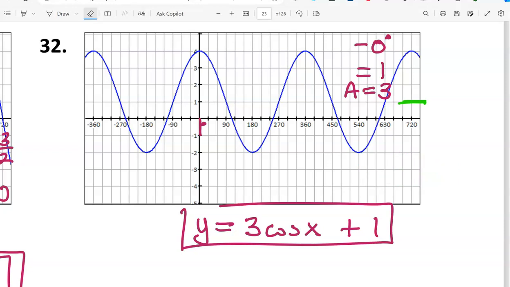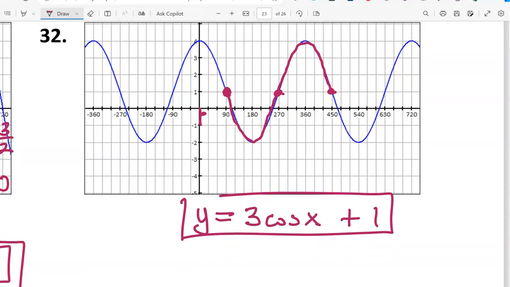If we explored it using, for instance, sine, you could start your sine function right here. So we can start our sine function at 0, and this sine function would be headed downward first, which means it's going to be inverted. In that case, our A value will not be positive 3, but negative 3.